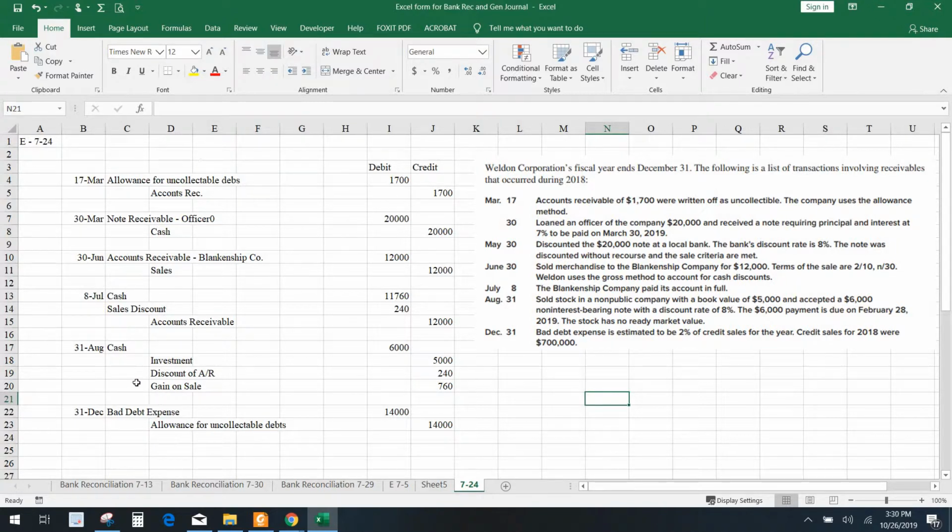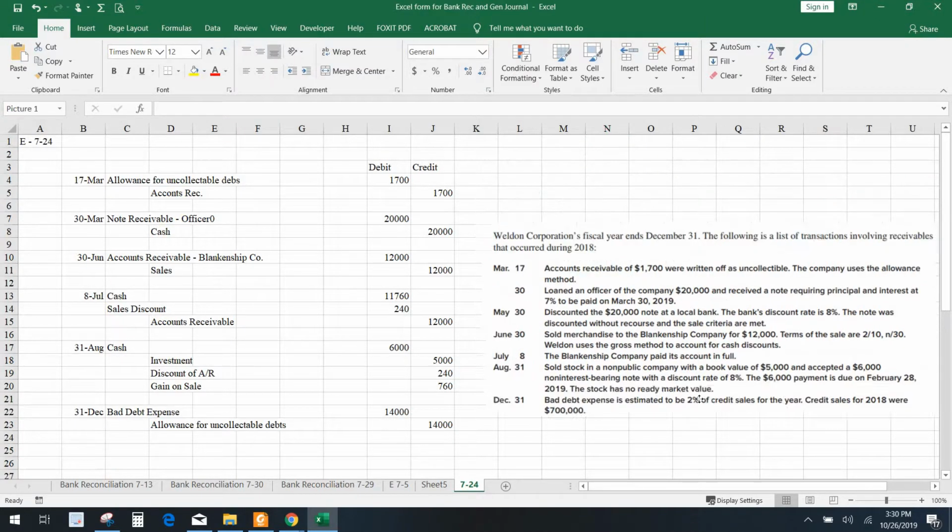I've solved this problem previously, so let's just check and make sure I have all the debits and credits in the right places and all the account titles labeled correctly. So I'm going to just move this down here.